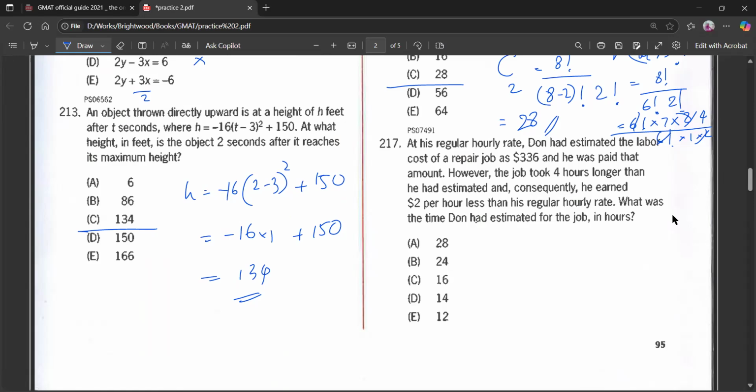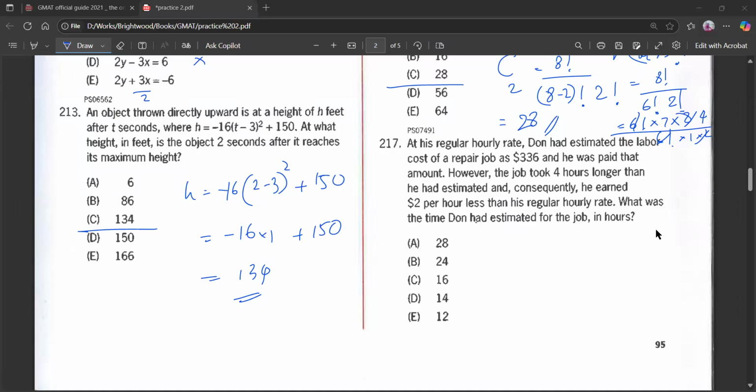Again, normally the hourly rate is what? Normal hourly rate, if I consider it as H or something like that. Next, you have to create a simultaneous equation.